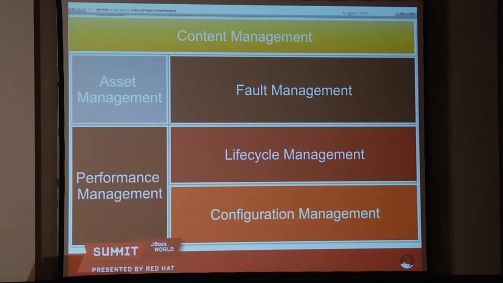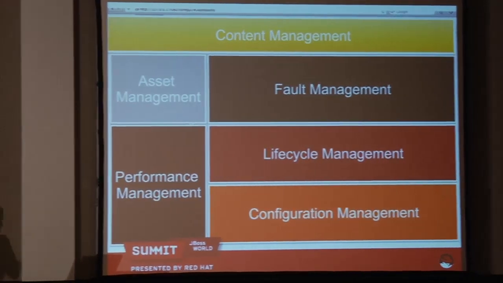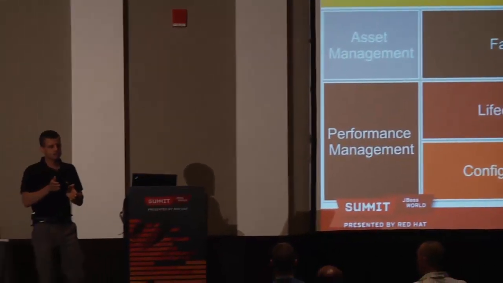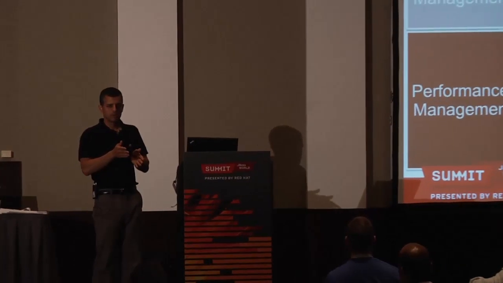So one of the things that Charles and I have been talking about doing is to figure out how to break out and decompose JBoss ON into different services that are useful in different tools. So for example, if you are committed to using JBoss ON only with EAP, you might want to use the EAP management console for your configuration and your application deployment.